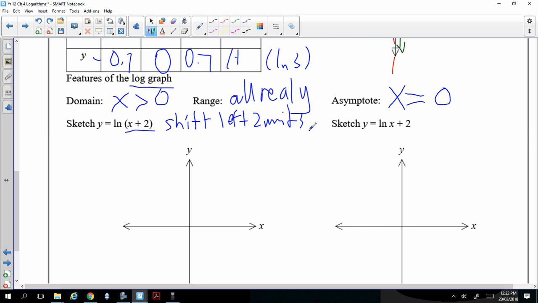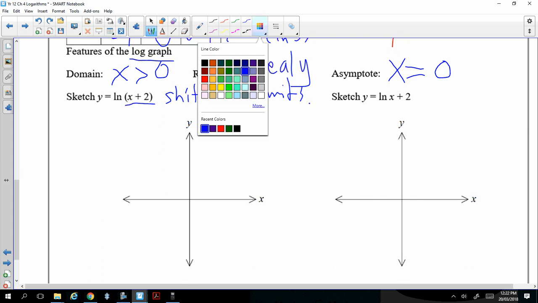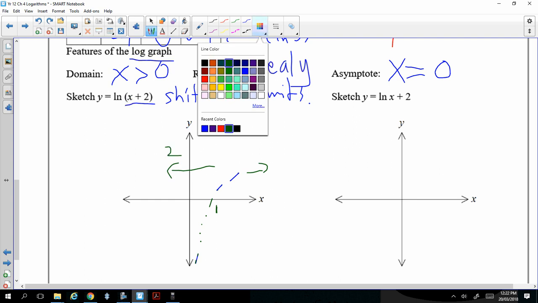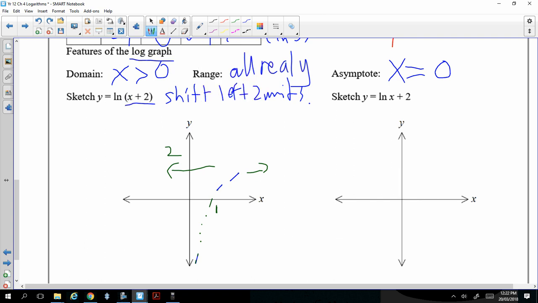It shifts to the left 2 units, so it's going to go over here. Going left 2 units will be -1. And the asymptote will now be -2. And then it's going to go like this.